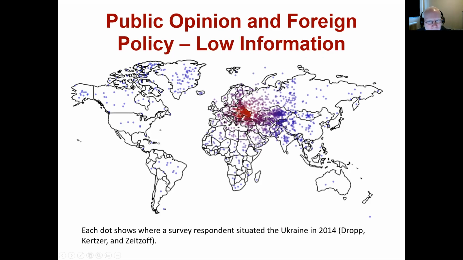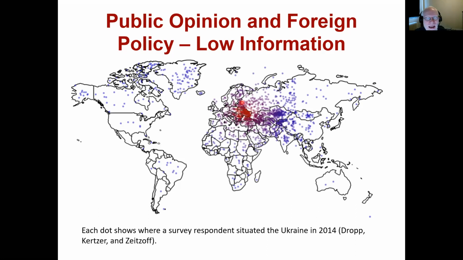So hang on, I just want to turn on annotation. So, you know, many of the responses aren't terrible, right? So any of the responses that are in the Eastern European context up against the border with Russia, so anything along this band, and to be honest, even out into here isn't terrible.